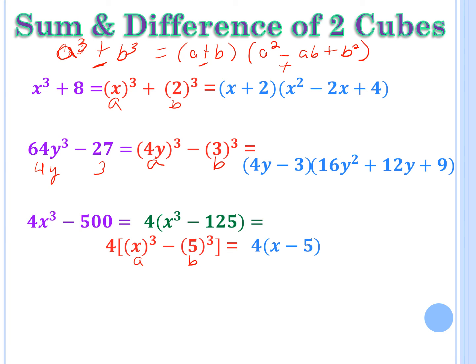And then my trinomial is going to be a squared, which is x squared. That's minus, so it's plus. A times b is 5x plus b squared, which is 25. And that's how you factor sum and difference of 2 cubes.